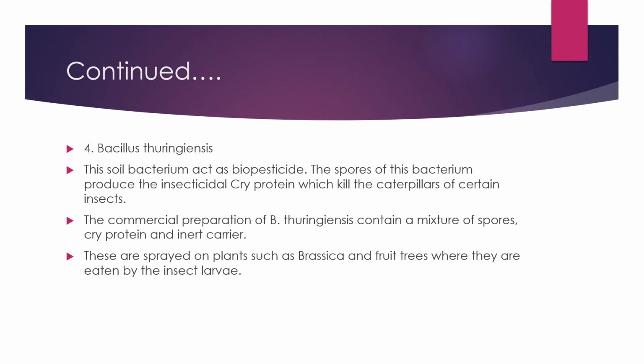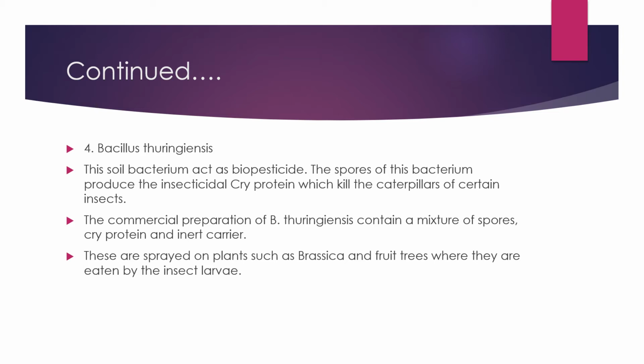We have more examples. You have to study this one in very detail. The fourth example is Bacillus thuringiensis. It is a soil bacterium which acts as a biopesticide. The spores of this bacterium produce a kind of protein, the cry protein.